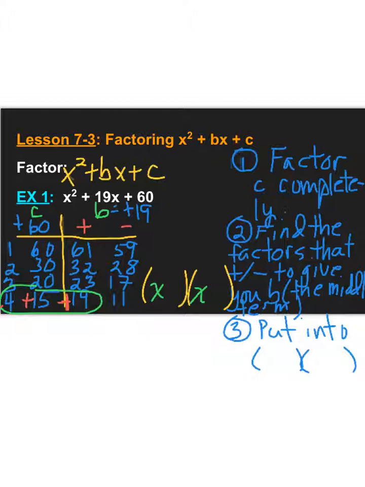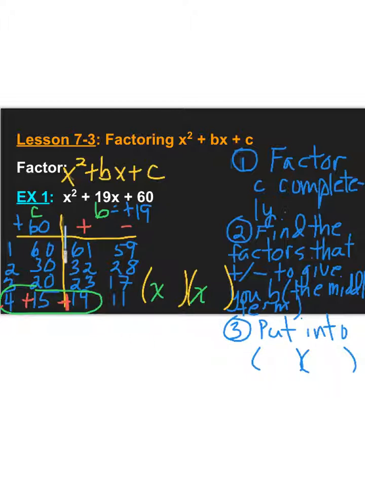Then for the last slot in each of these binomials, we get those numbers from the constant, which is our last term. So last slot, last term. First slot, first term. And then the middle term just falls into place, as I'll show you when we remultiply to check. So we've already figured out that positive 4 and positive 15 are the factors of 60 that belong here.